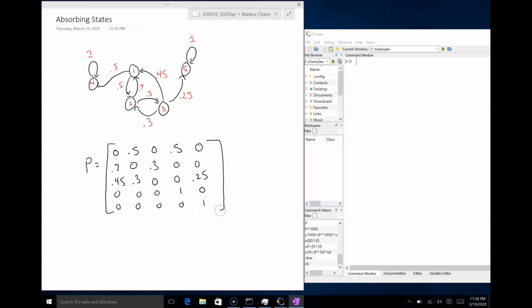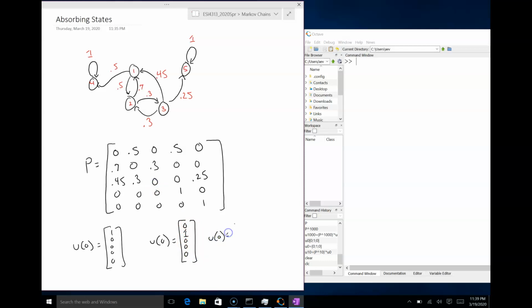Okay, so this is our n-step probability matrix. So what I want to do is show what happens if you start in state 1. What happens if you start in state 2? And we indicate that by A1 in the second term.